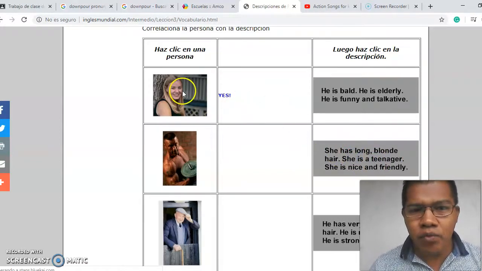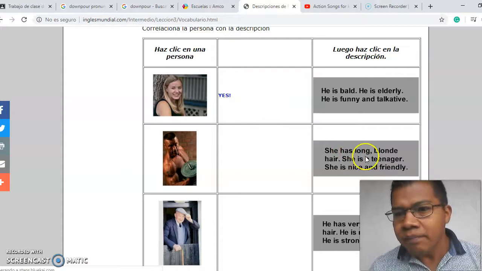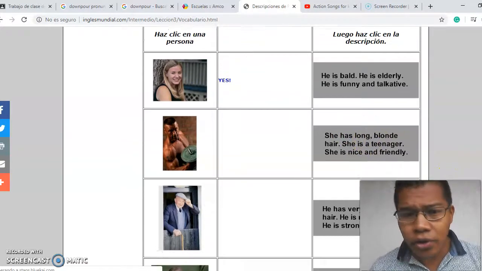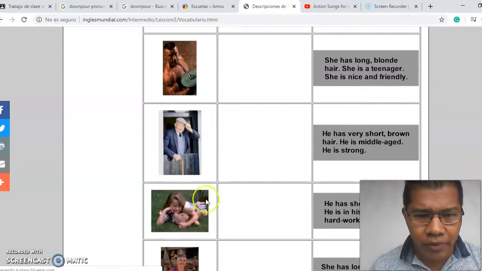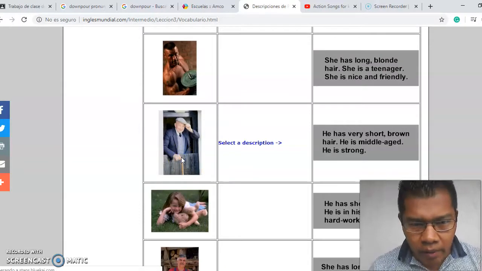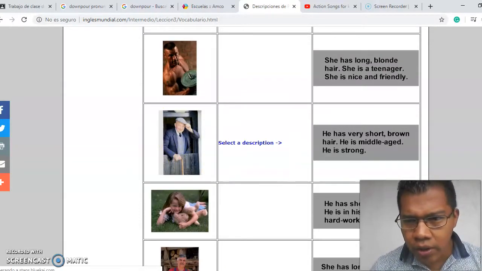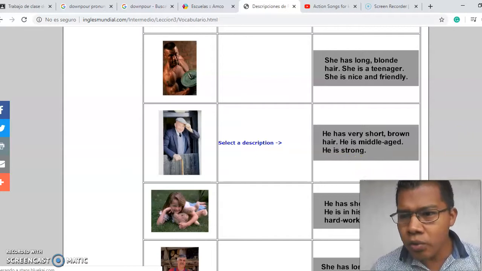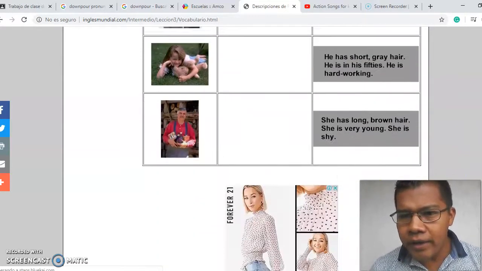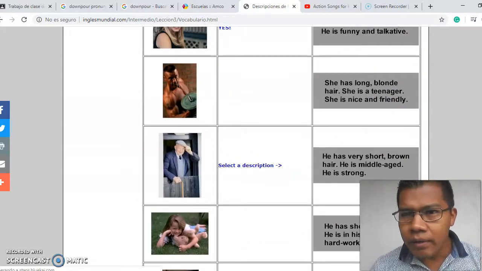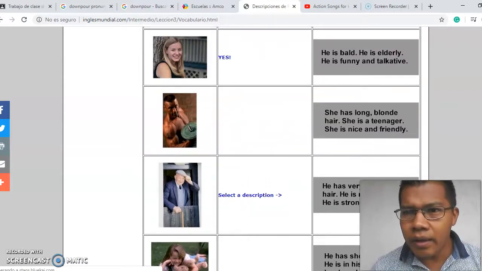The good part of this web page is that it gives me the answer yes or no and gives me more options. How about this one? This person. I have to look at the picture. I have to find the description of the person. Okay, elderly.